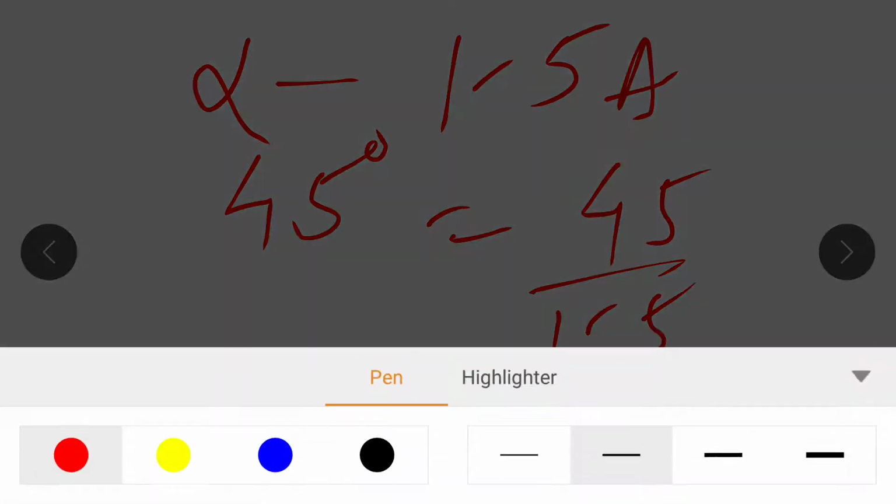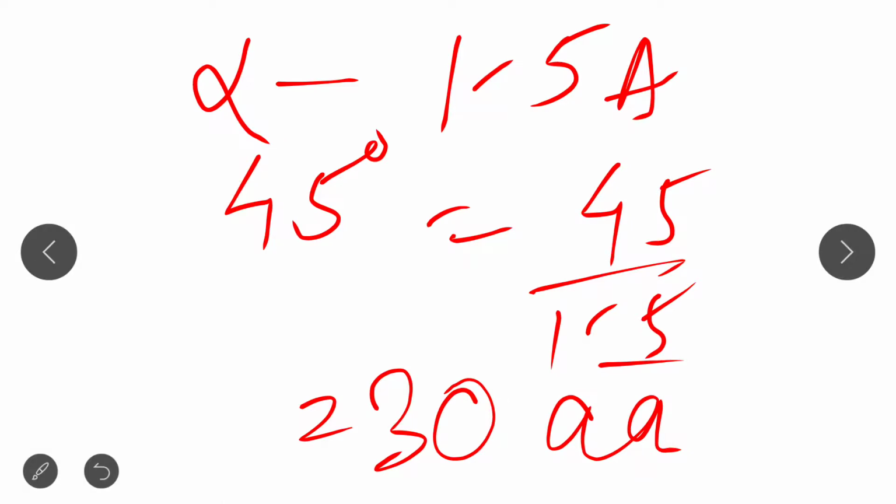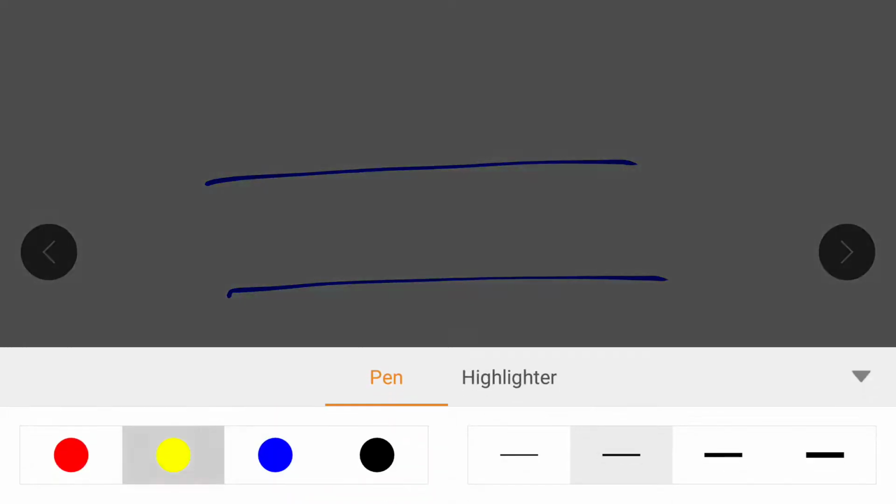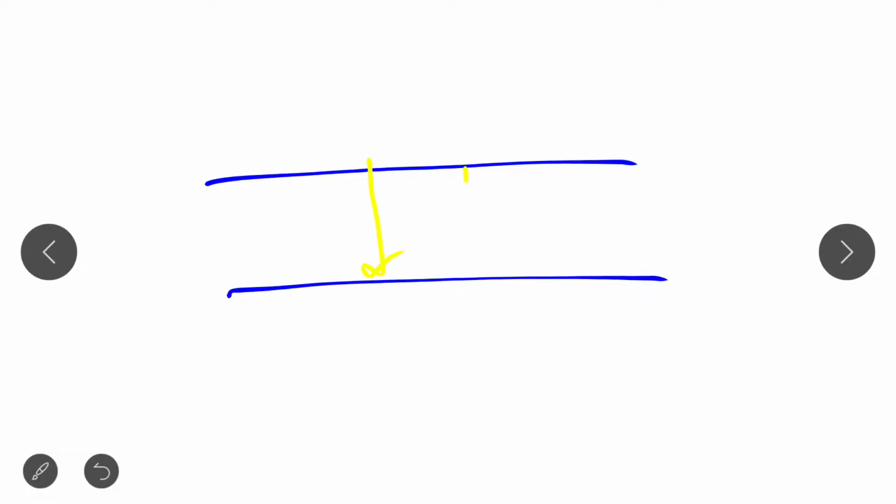So how do we calculate how many amino acids may be present in the hydrophobic region? We know that this is the bilayer, and this is the total hydrophobic region.